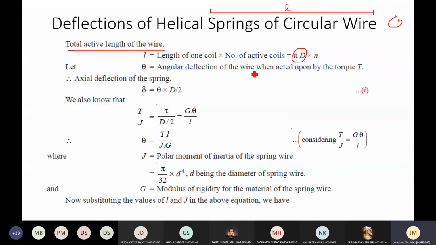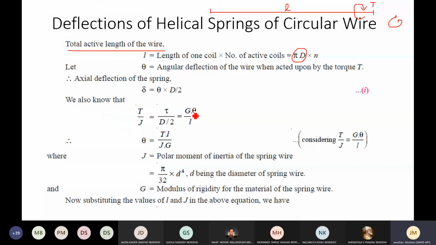And let theta be the angular deflection of the wire when acted upon by torque T. So the same wire, you are putting a torque T. Then the actual deflection of the spring delta is given by theta into d by 2.